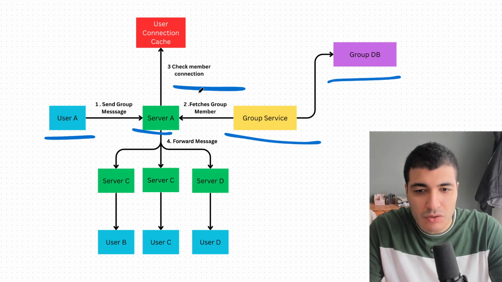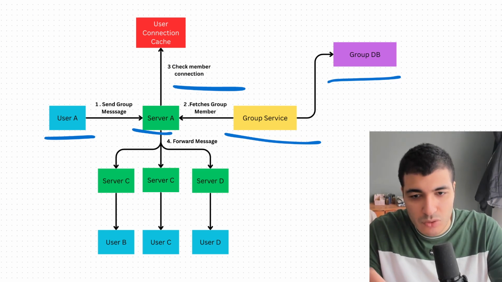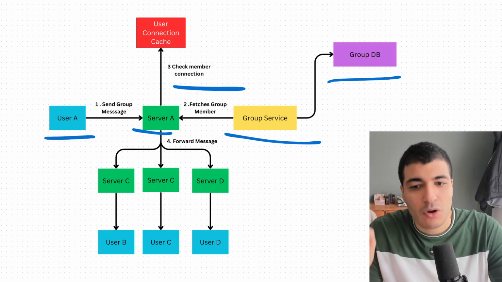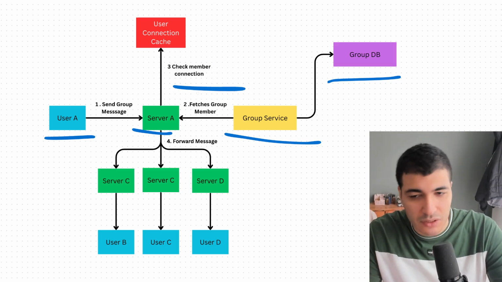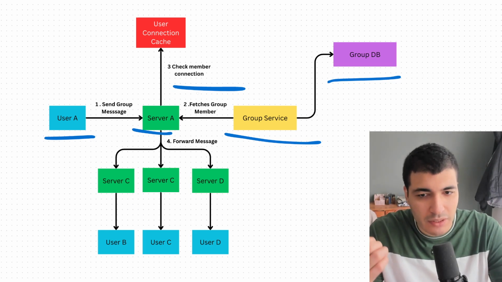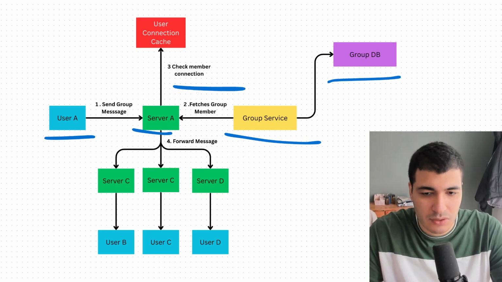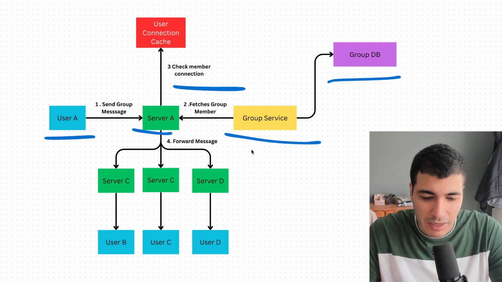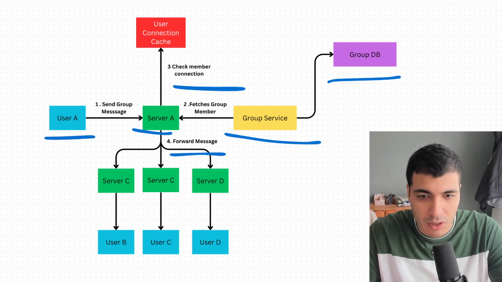We get users connected to server A, users connected to other servers like server B, server C, and offline users. So we get all these results. And next we will go to the delivering of the message.